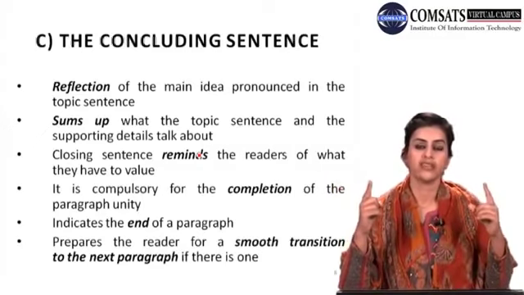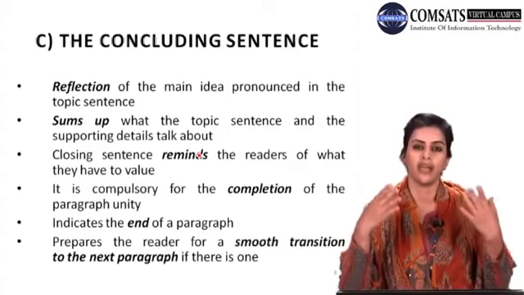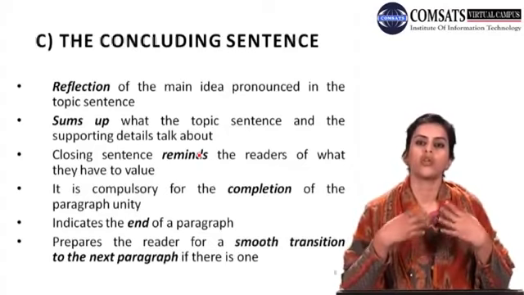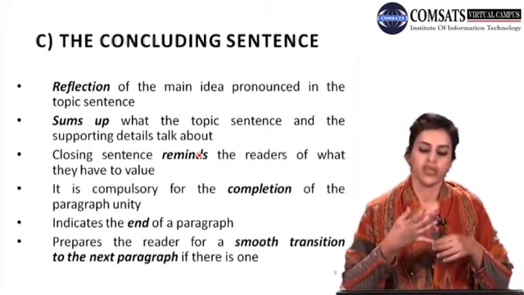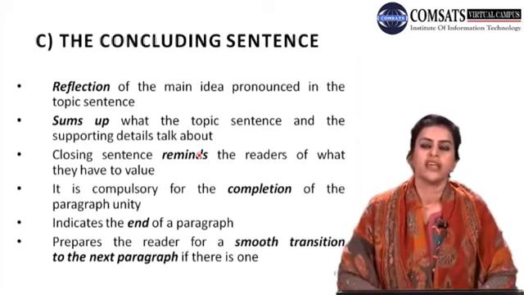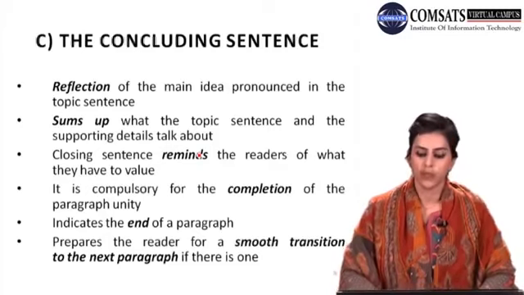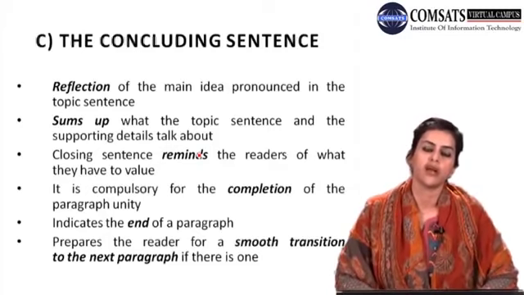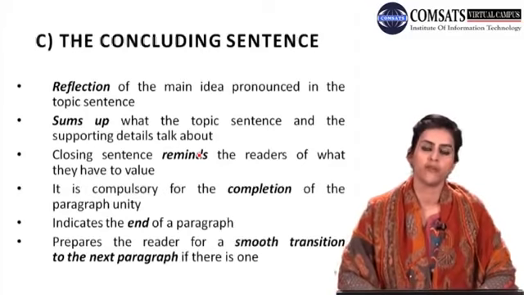So your topic sentence can be written again, in other words, or elaborated more, to make it a concluding sentence. It usually sums up what the topic sentence and the supporting details talk about. So that's a summing up of your whole paragraph.